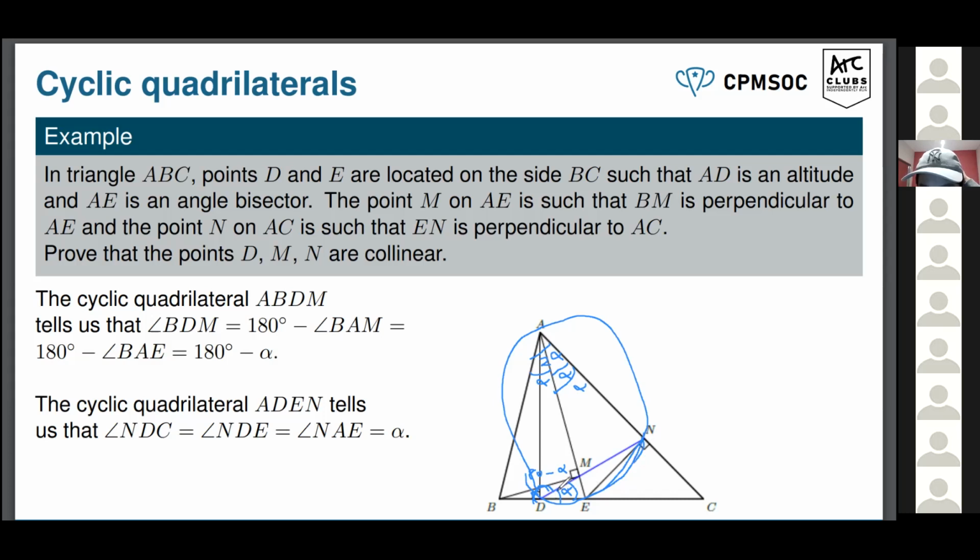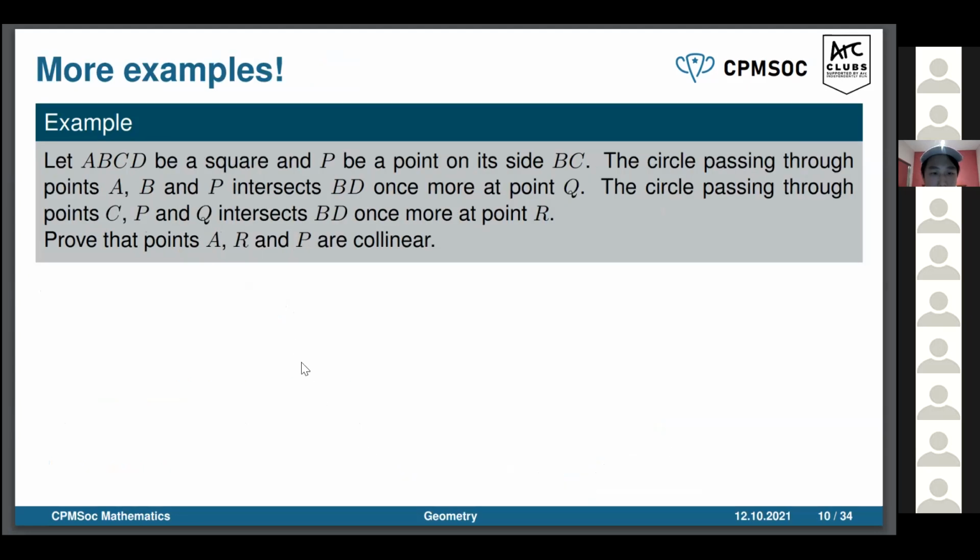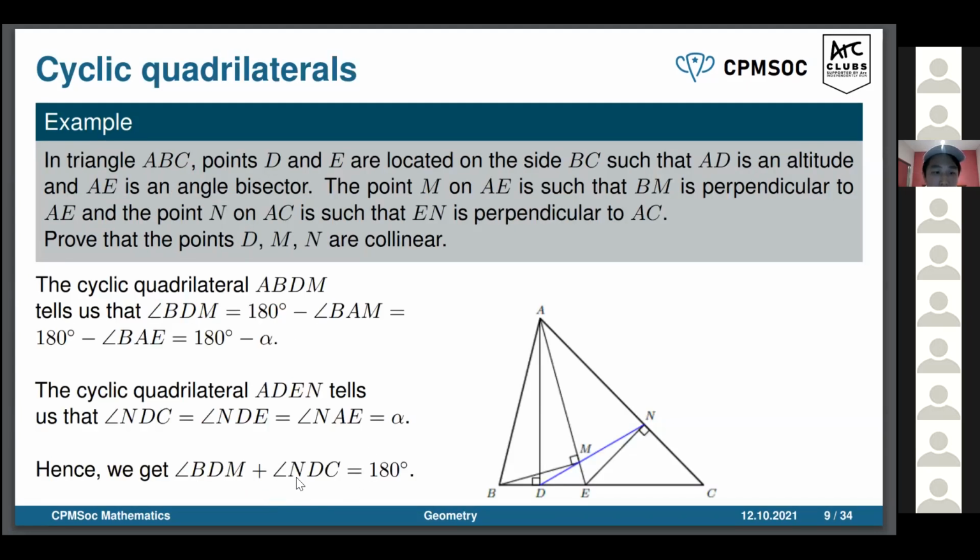This angle MDE is also subtended by the arc EN, right? Which means this is also alpha. So now we have proved a very interesting thing: NDE is alpha and MDE is also alpha. If they are both alpha, that must mean that these 3 points, N, M, and D, lie on the same line because they both create the same angle, right? That's basically supporting what we have proved.